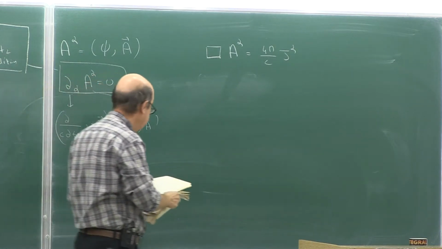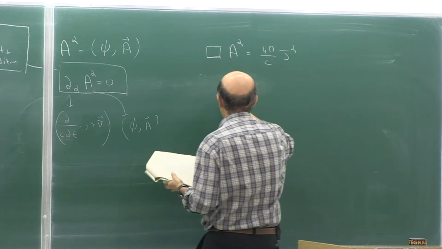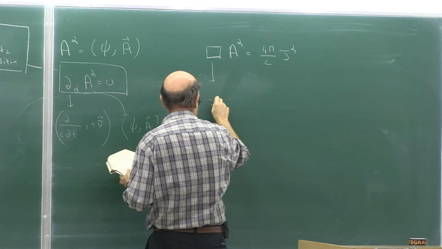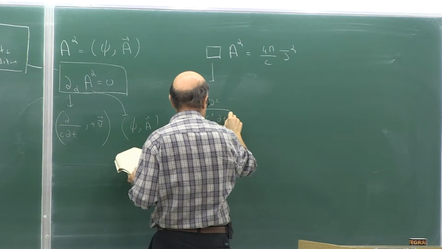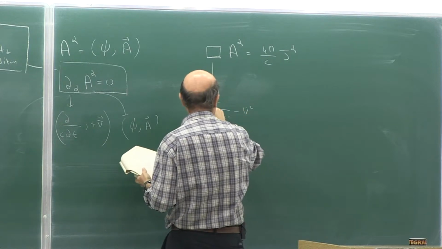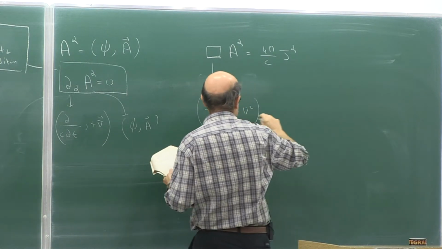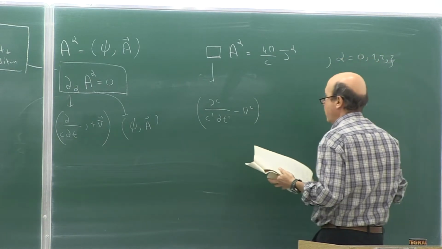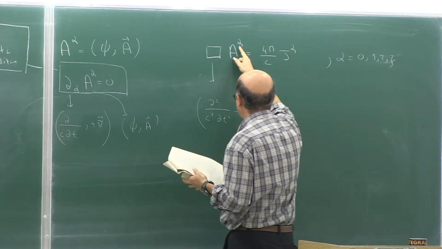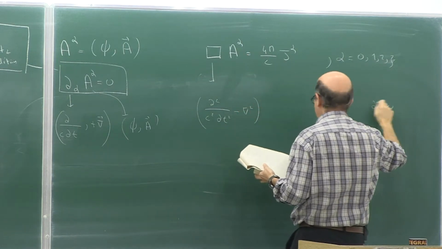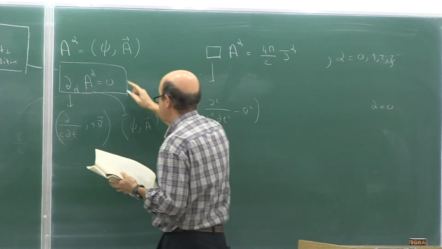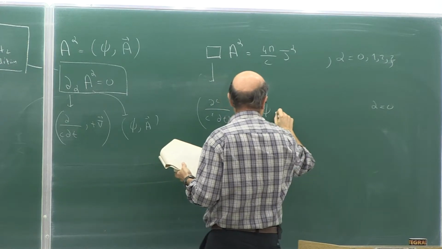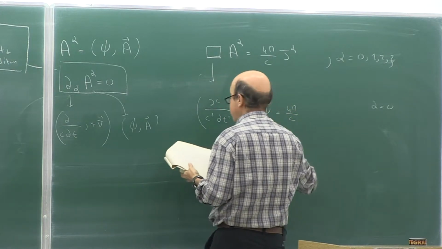So if you look at this, for example, what is this? This is equal to del square over c square del t square minus the Laplacian. Alpha is 0, 1, 2, 3 in all cases. If you write this for alpha equal to 0, A 0 is the scalar potential, and that is equal to 4 pi over c times j 0.